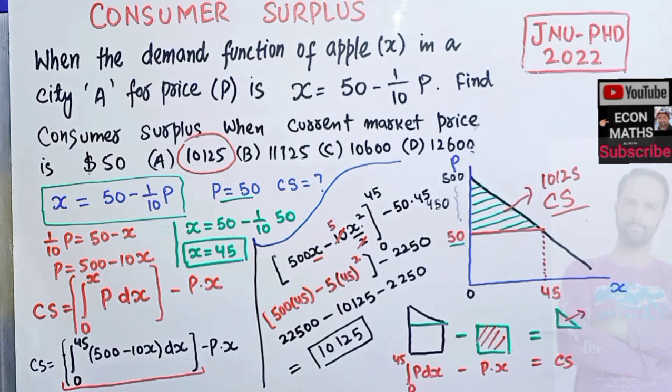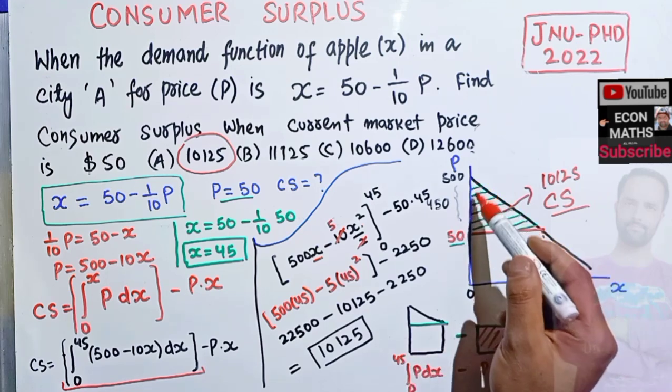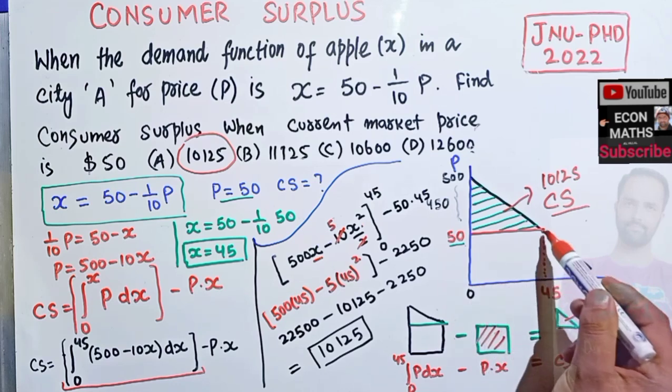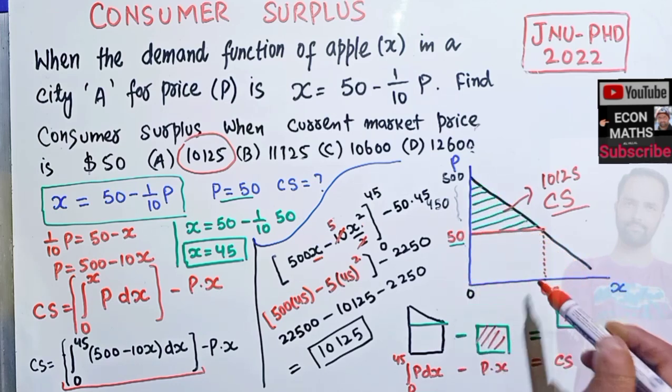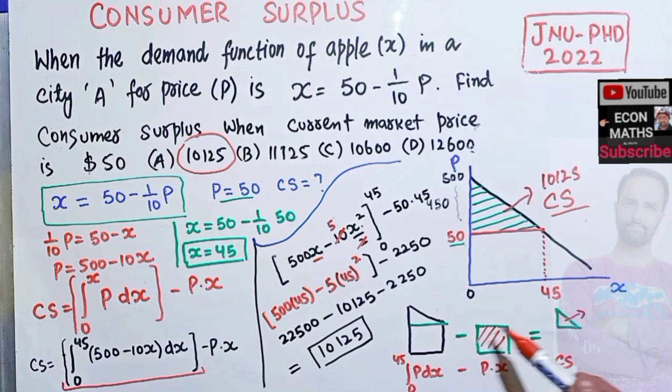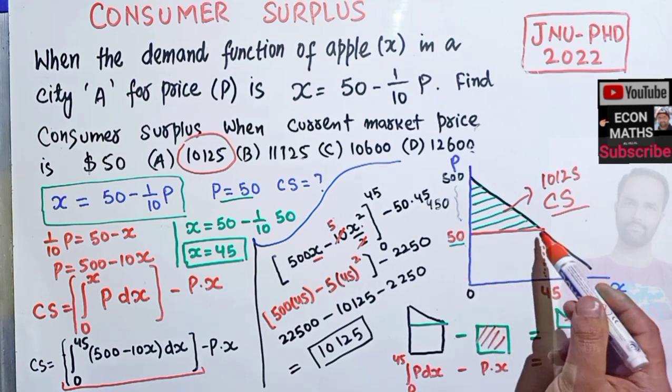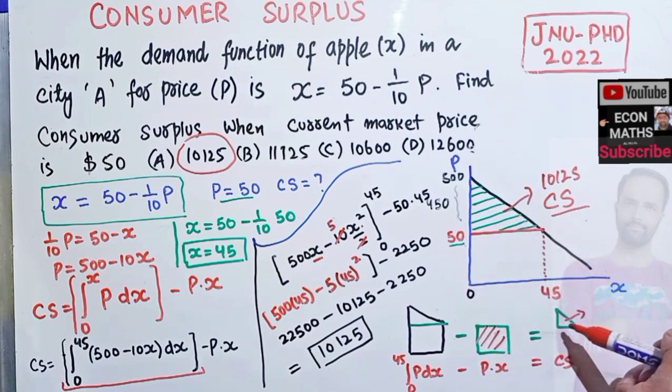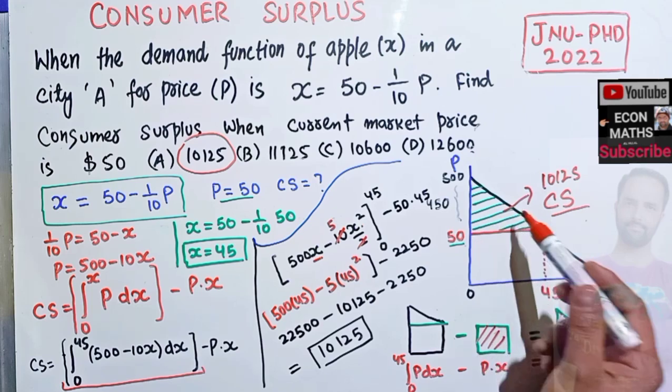So when we take the integral from 0 to X, we are actually getting the area of this whole quadrilateral. From that we subtract the area of this rectangle.